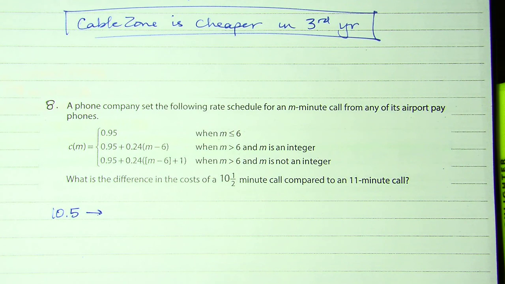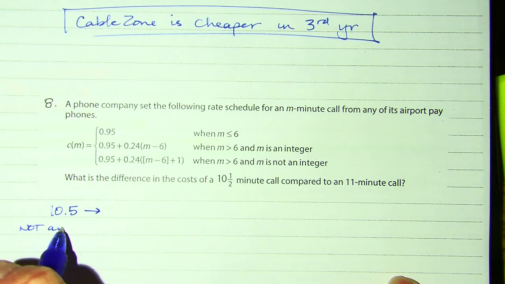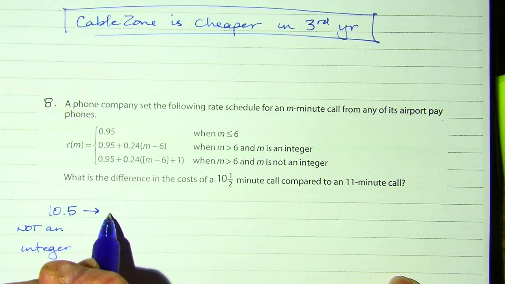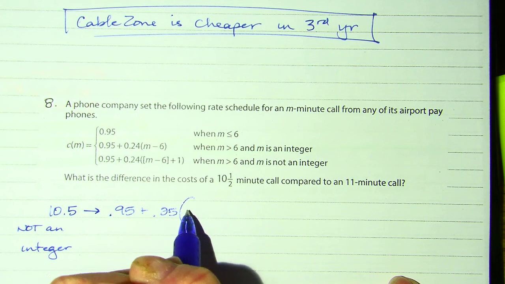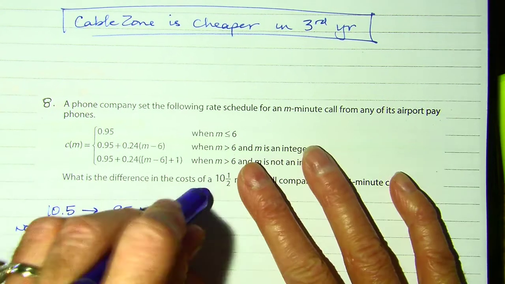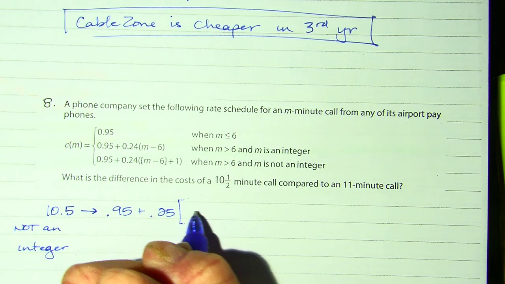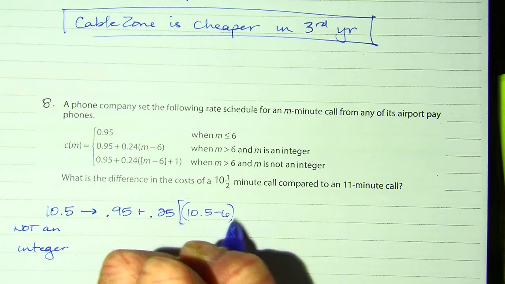So that would mean this is not an integer because it is a decimal. So I would use this bottom one, so 0.95 plus 0.24. And then, sorry, there is a bracket. So 10.5 minus 6 plus 1.